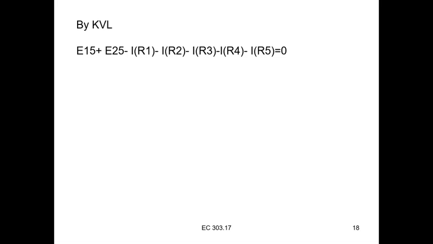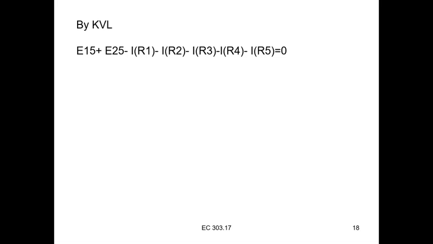By applying Kirchhoff's voltage law for the circuit, we can easily tell that E15 plus E25 minus IR1 minus IR2 minus IR3 minus IR4 minus IR5 is equal to 0.